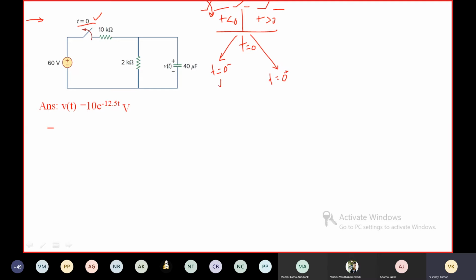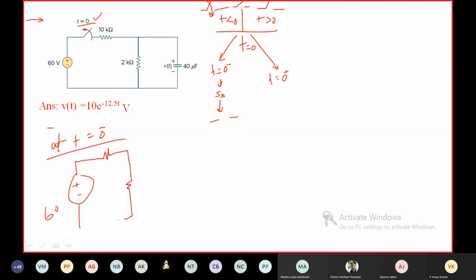In order to find the initial value, you have to find the voltage at t is equal to 0 minus. At t is equal to 0 minus, steady state occurs. Under steady state DC voltage, the capacitor acts as an open circuit.